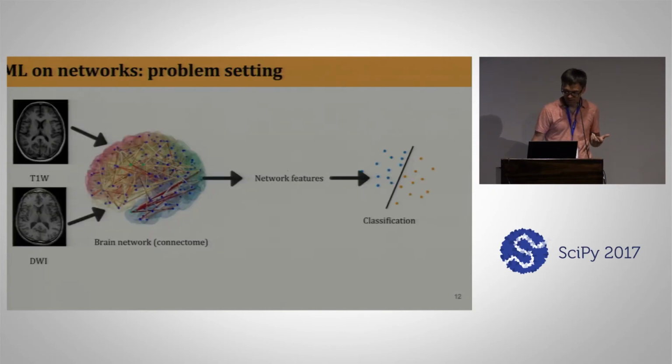The first problem is the problem setup, how machine learning on networks works. In this case, I won't talk about this much, but we have some algorithms that produce brain networks. Because most machine learning algorithms don't work on adjacency matrices, they work on vector spaces, we need to produce some kind of network features, and there are a lot of them.